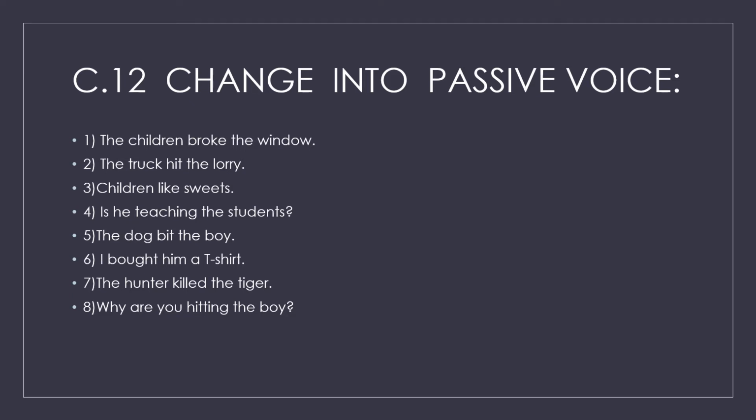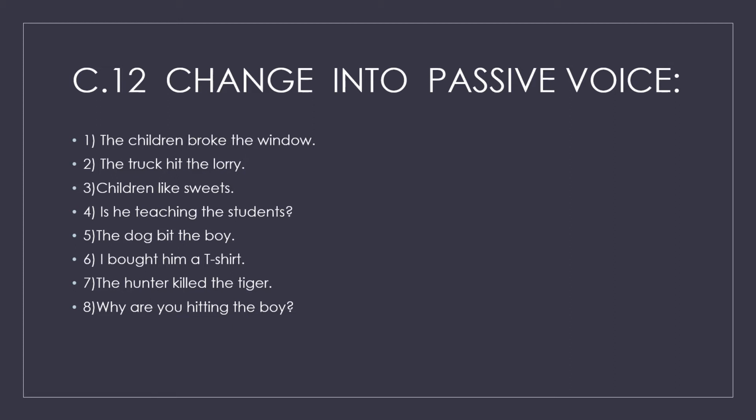You should have done them, so that we can compare the answers today. The first one is C12, and I want to remind you all these are in term 2. Please don't do C12, 13, 14 and 15 from term 1, because these are on some other topic. You have to do these four from term 2.